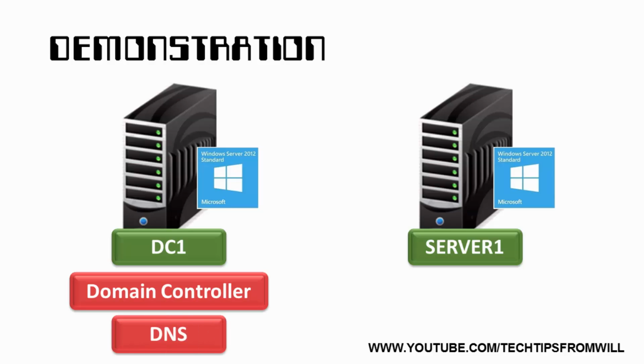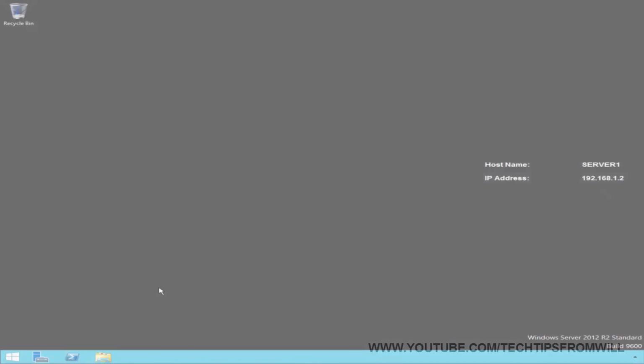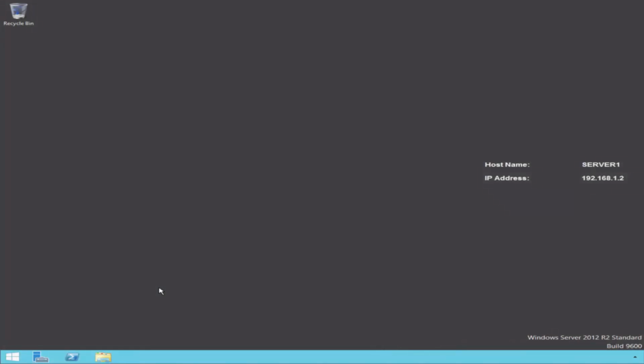Server 1 is a member server that I will use to demonstrate Features on Demand. Both servers have been assigned static IP addresses of 192.168.1.1 and 192.168.1.2. I will now change over to my Server 1 server to show you how Features on Demand works.